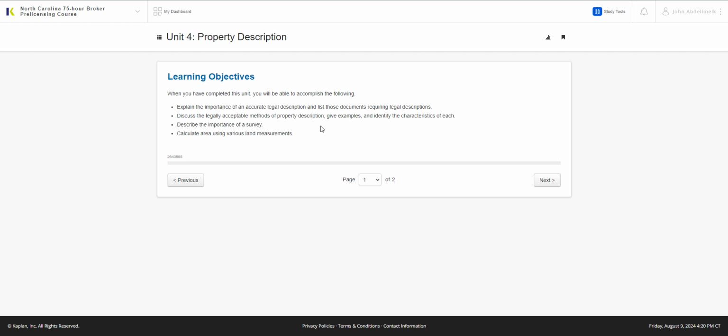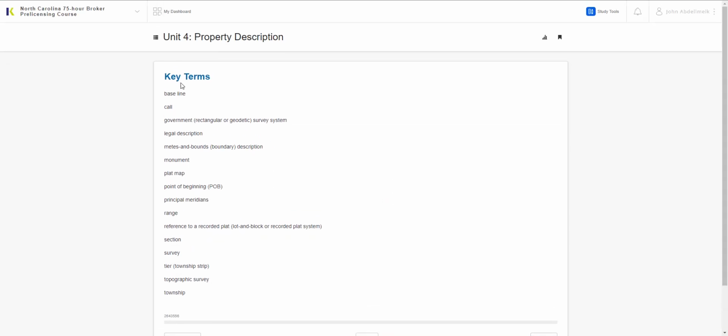Explain the importance of an accurate legal description and list those documents requiring legal description. Discuss the legally acceptable methods of property description, give examples and identify characteristics of each, describe the importance of a survey, calculate the area using various land measurements. These are some of that's not a lot of key terms.